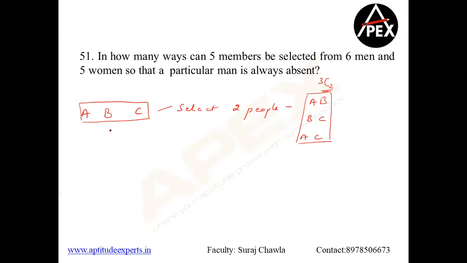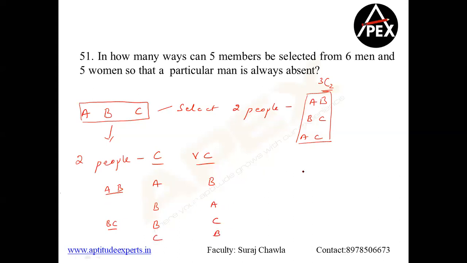Now, suppose I say in how many ways can I select two people for the post of a school captain and a school vice captain. If I pick AB, then A can be captain and B vice captain, or B can be captain and A vice captain. If I pick BC, B can be captain and C vice captain, or C captain and B vice captain.